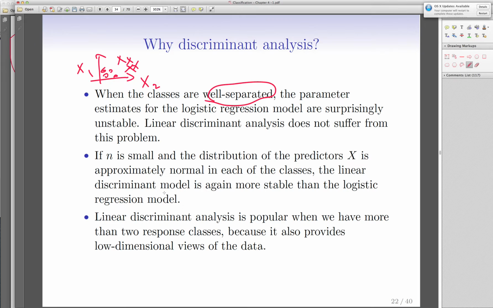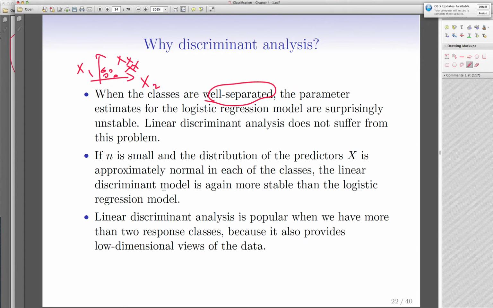The other thing is, if your number of observations is small and the distribution of predictors is approximately normal, then you can show by simulation that discriminant analysis does a better job than logistic regression. And the next one is if you have more than 2 categories, the interpretability of logistic regression is almost gone.